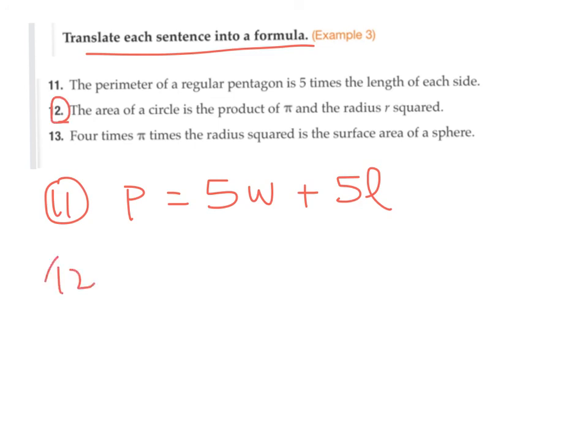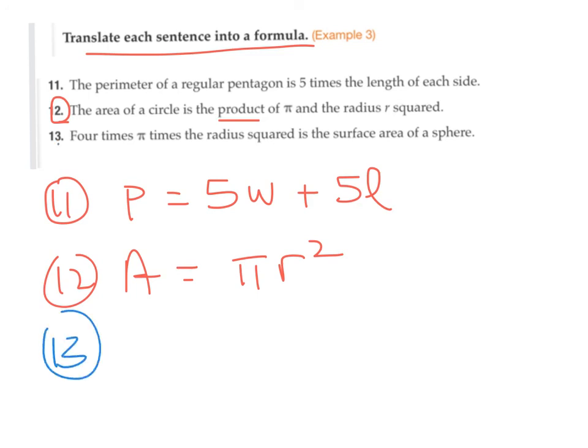Area of a circle is the product, meaning multiplication, of pi times r squared. And then our last one, 13. 4 times pi times the radius squared equals the surface area of a sphere. So this is what's called surface area, SA.